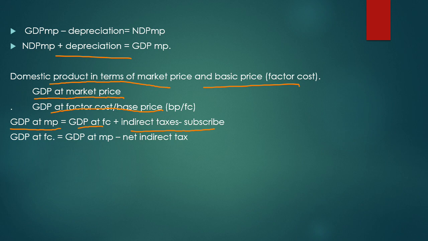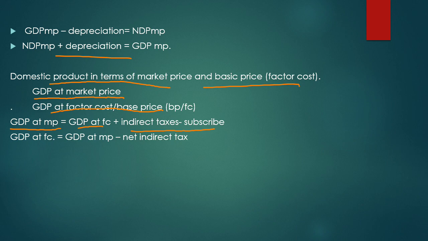But the commodity should be produced in the economy. So the government takes such a decision, giving subsidies on indirect tax, so that the producer produces that commodity and the consumer buys it, and the burden of tax on the consumer can be reduced.